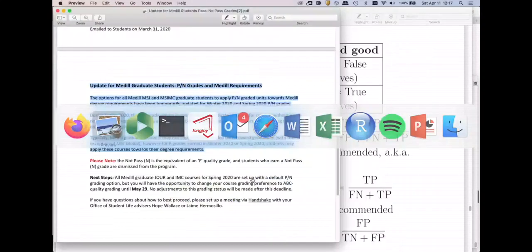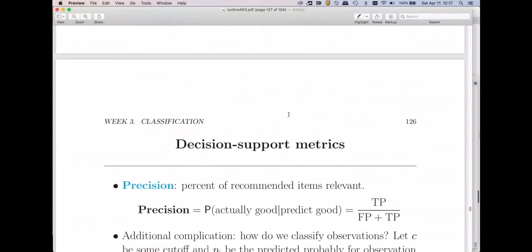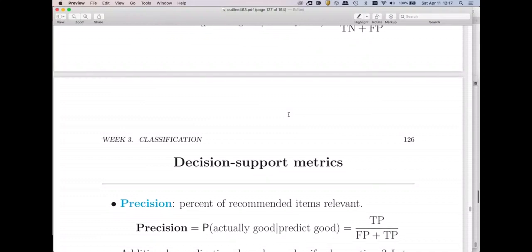All right, back to my course packet. I'm going to give you one more conditional probability that's very important, especially in machine learning. This one gets used all the time in machine learning. It's called the precision. Precision flips these conditional probabilities around and asks, of the cases my model predicts as good, what fraction are actually good?